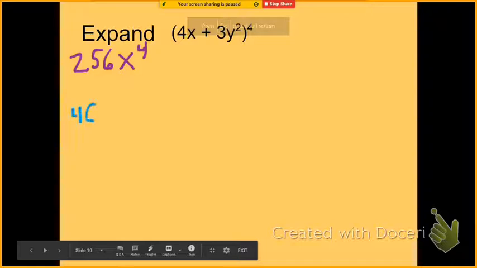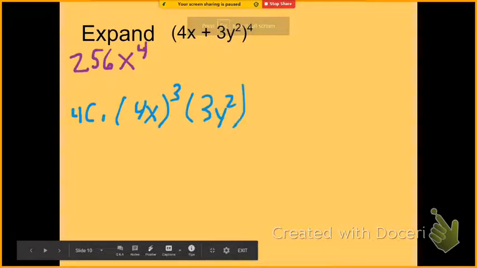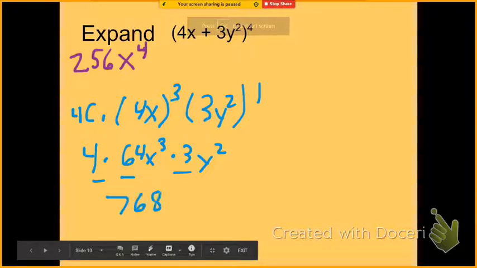4 choose 1 times (4x)³ times (3y²)¹. Alright, so 4 choose 1 is 4, 4³ is 64, and then x³, and then times 3y². So we multiply all these numbers together. If you do 4 times 64 times 3, that's going to come out to be 768.